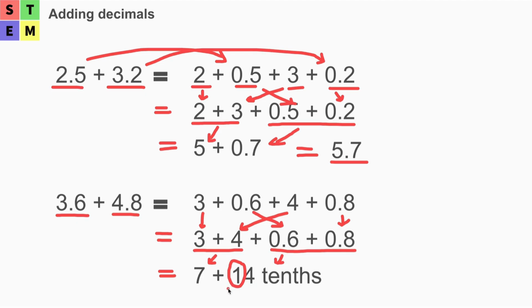So we need to add this 1 to 7. 7 plus 1 is 8. And we got 4 tenths left. So we got 8 point, we got 4 left, right? So 8.4. That's the result we have here, okay?